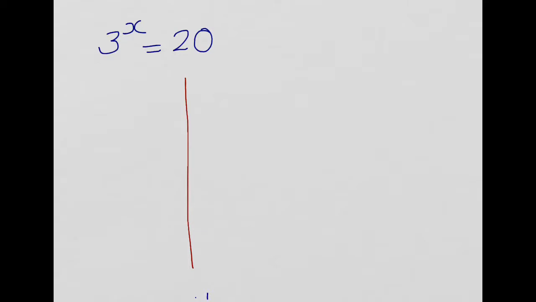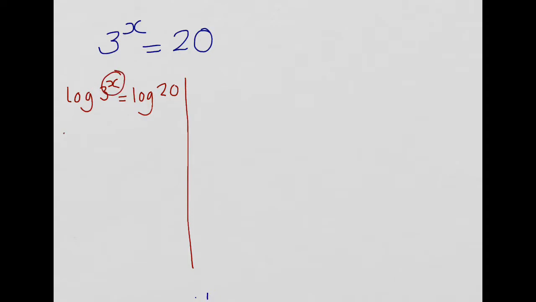So I'd start with 3 to the power x equals 20, and if I did log, and remember when we use the log button on the calculator, that is base 10, as I said. It doesn't write it, but it assumes you know that. We end up with that. And because of the rules you've now learnt, you can use the power rule with this x.